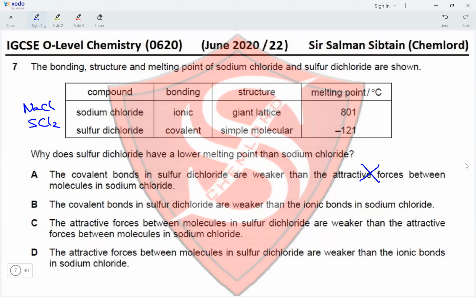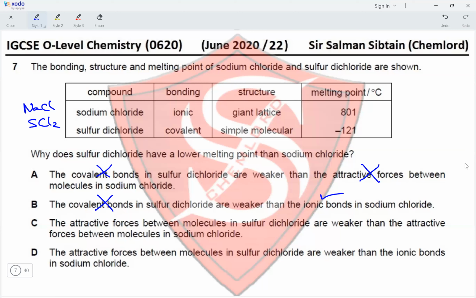Option B: the covalent bonds in sulfur dichloride are weaker than the ionic bonds in sodium chloride. The covalent bond holds the structure of SCl2 together, not the attractive forces between the molecules. So covalent bond is incorrect in option A as well as in option B, but ionic bond is correct in option B. So half of this option is correct, not the complete part.